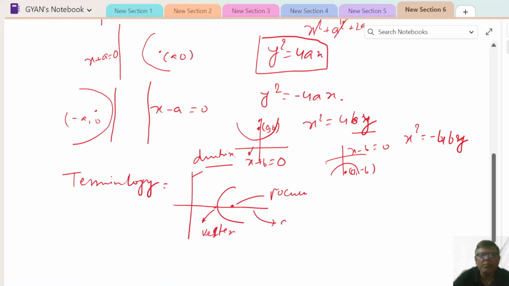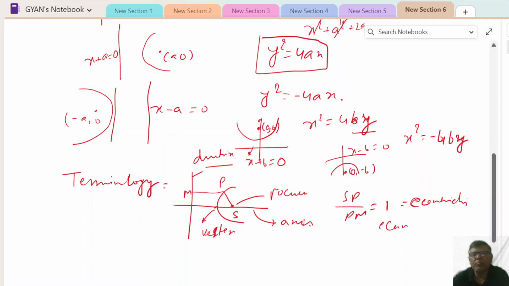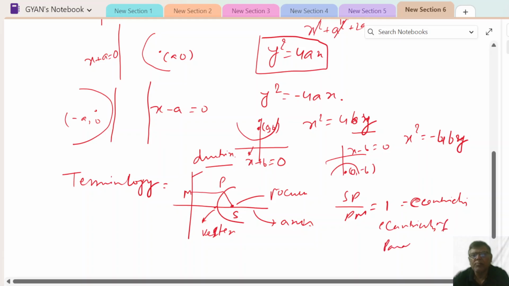This is called the axis. Suppose this point is P and this is M. So SP divided by PM is equal to 1 because of equidistance, and this is also called the eccentricity. So the eccentricity of a parabola is 1.